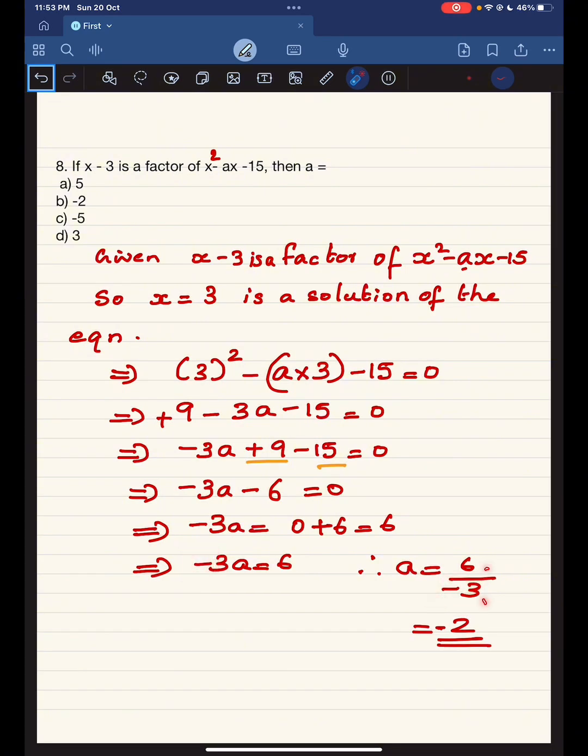So 6 by minus 3 is equal to 2, and the sign is also negative, because plus divided by negative gives negative. So what is the answer? Answer is B, negative 2. You got the answer?